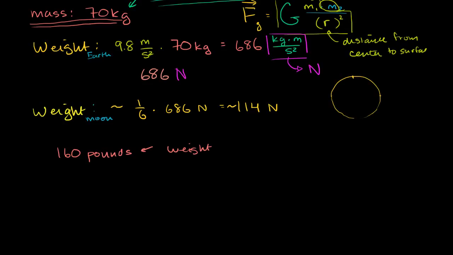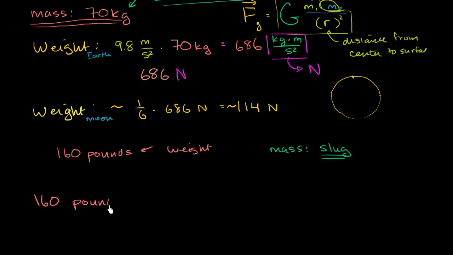The unit of mass in the imperial system is called the slug. So if you wanted to figure out how many slugs you are, your weight, the force of gravity on you, is 160 pounds.